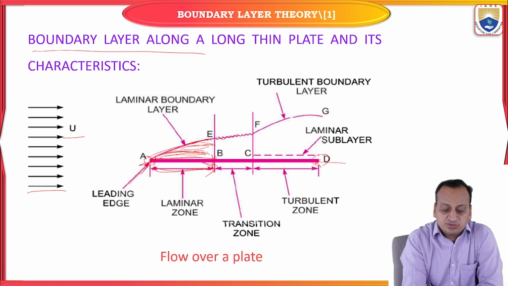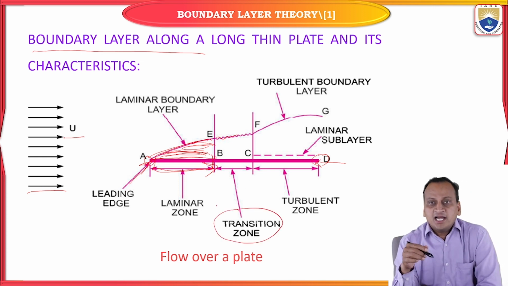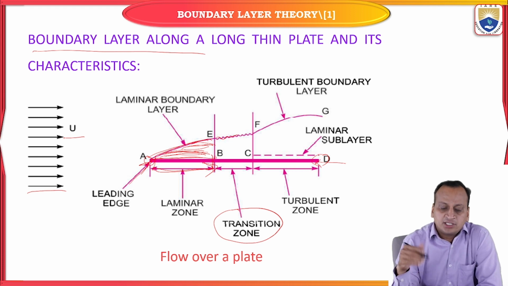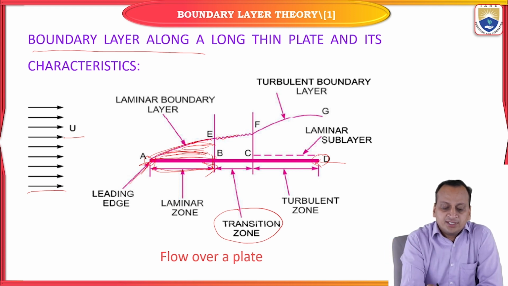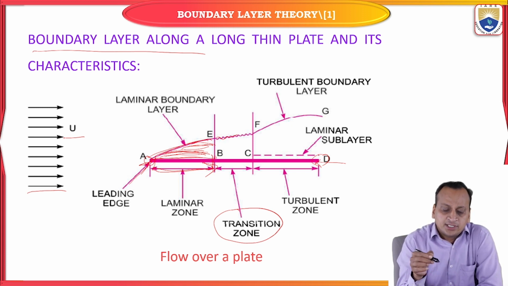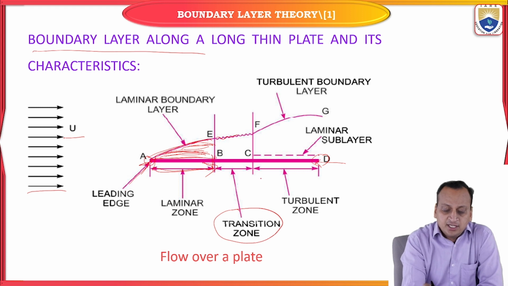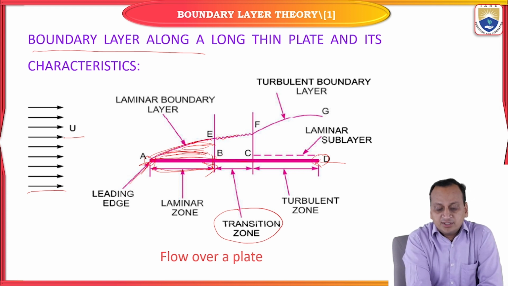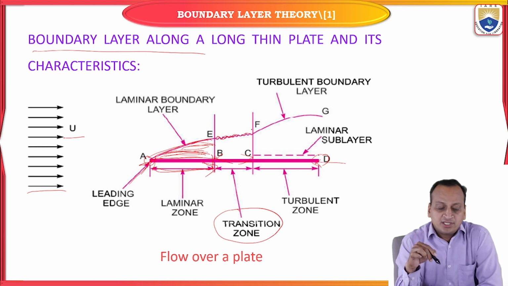Therefore, this region is known as a transition, where the laminar flow is going to be transformed into turbulent. Some portion will exhibit behavior similar to laminar, and after that it is going to be converted into turbulent. This region, shown between B and C, is known as the transition zone. This zone is known as a transition boundary layer.